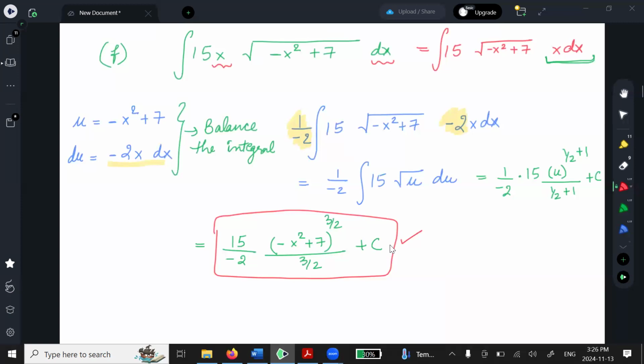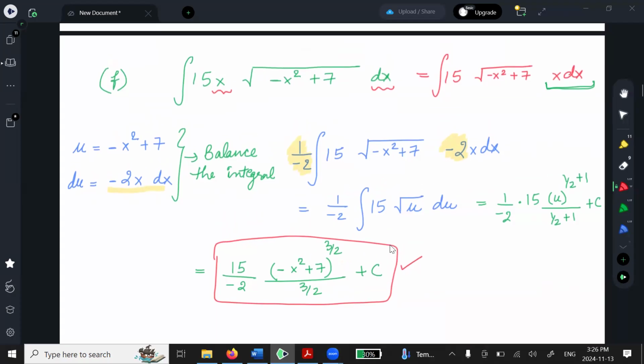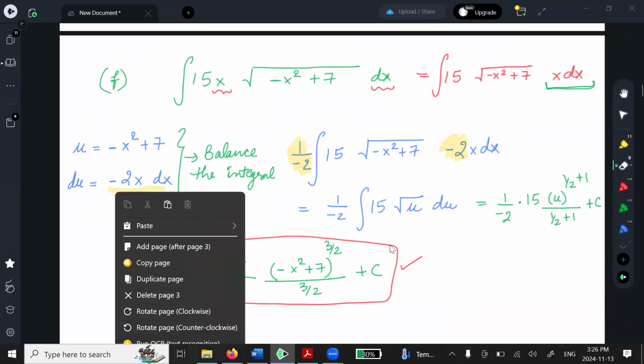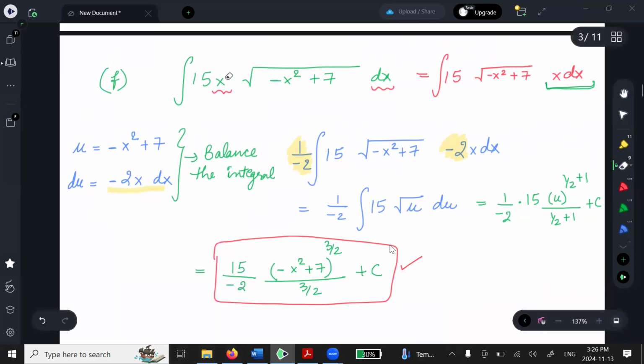Yes. So because you see, when I find my du, I have a negative 2 extra, which is not in the question, right? Look at the question, and I don't see a negative 2 there.